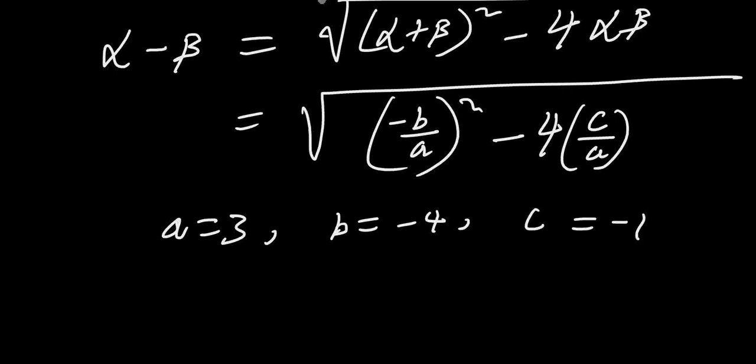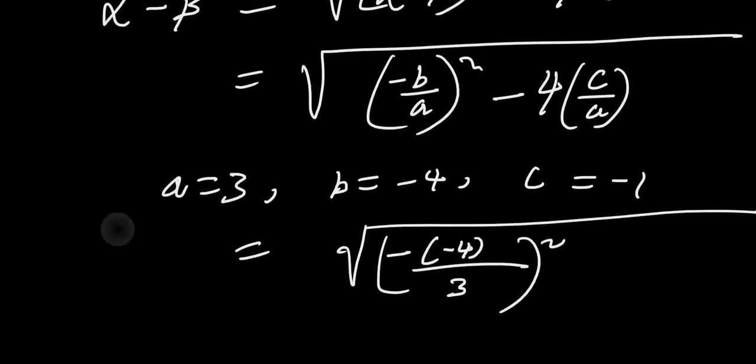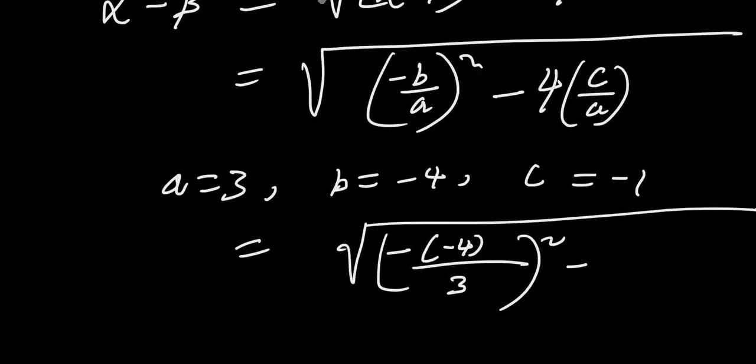So let's plug these values into this. So this would be equals to negative 4 over 3. Let's put this in parentheses and square it, minus 4 negative 1 over 3.